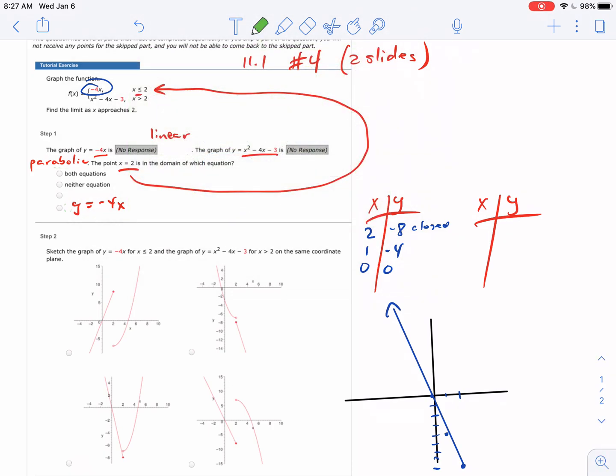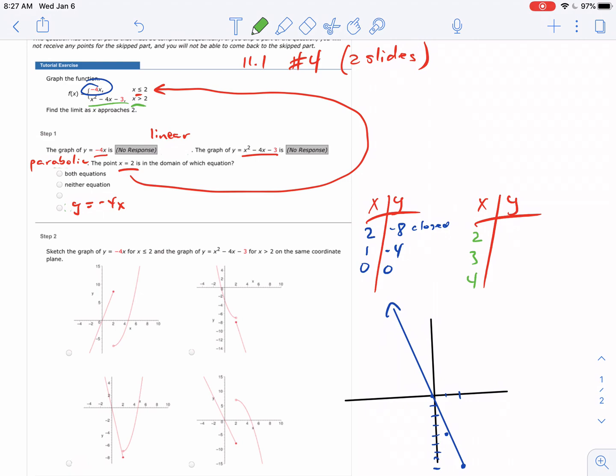Then I'm going to do the next one. I'll do this one in green, and I'm going to start at 2, but I should do numbers that are bigger than 2. X's that are greater than 2 is what it's telling you. So we'll go 3 and 4 until I kind of know what's going on with this graph. So if you put a 2 in, I get 2 squared, which is 4.